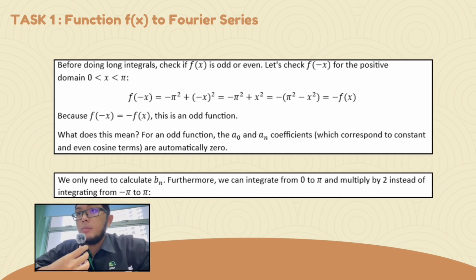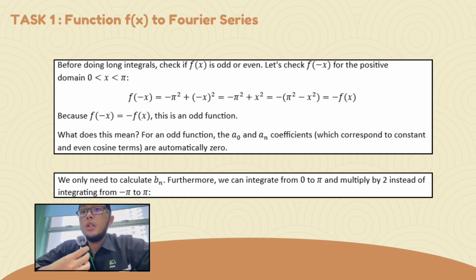Before we proceed with the integral, we need to check if the function is odd or even. We input negative x into this function, and at the end we get f of negative x equal to negative f of x, which is an odd function. So what does it mean?